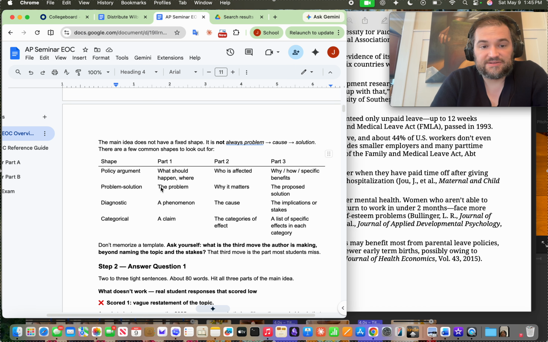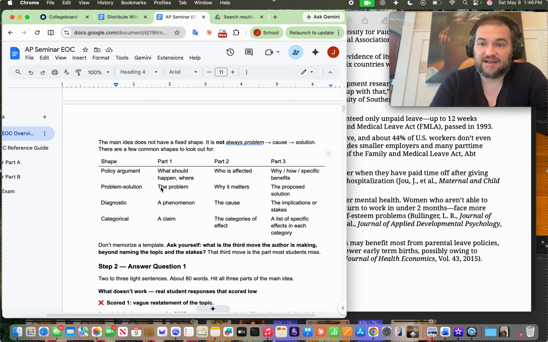Sometimes you'll see it's diagnostic. So they'll say there's this thing happening, here is the cause, I figured it out, and this is what the implications are if my cause is correct. Finally, sometimes it's a categorical argument.